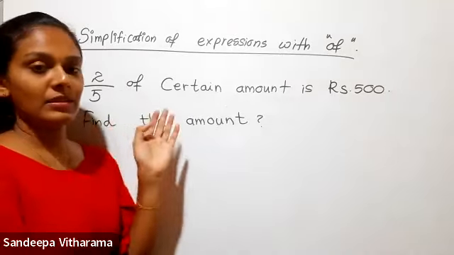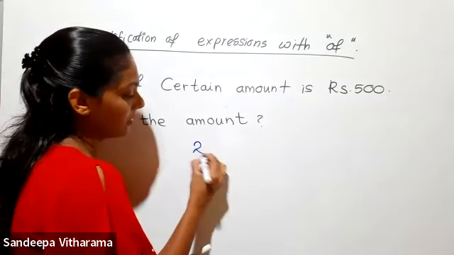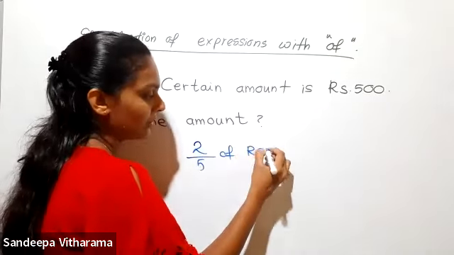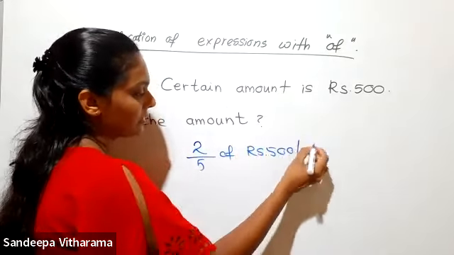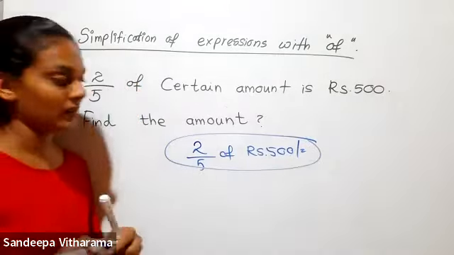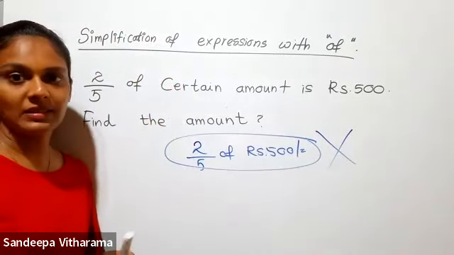First of all, I want to say that it is not 2/5 of 500. If you have done this way, that means you have understood the question incorrectly. It is totally wrong.